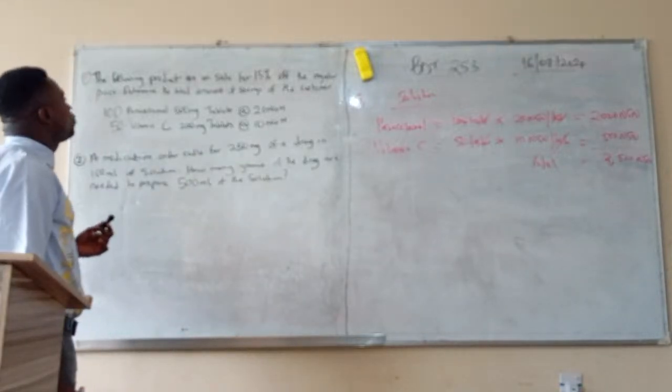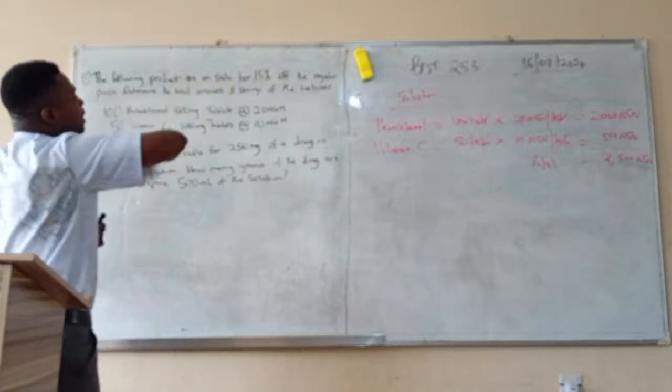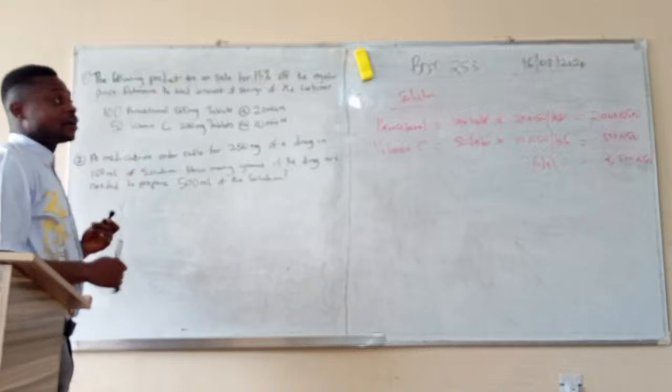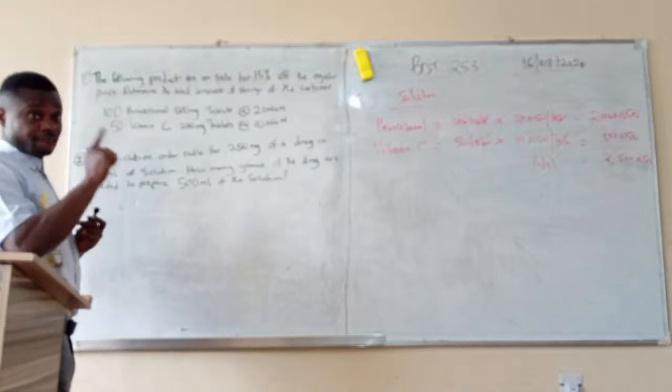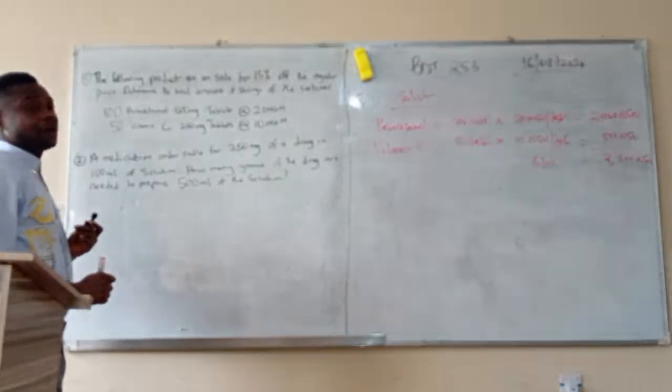But we are told that the products are on sale for 15% off. That's the discount. Off the regular price. It's not of, it's off, OFF, please. Of the regular price.